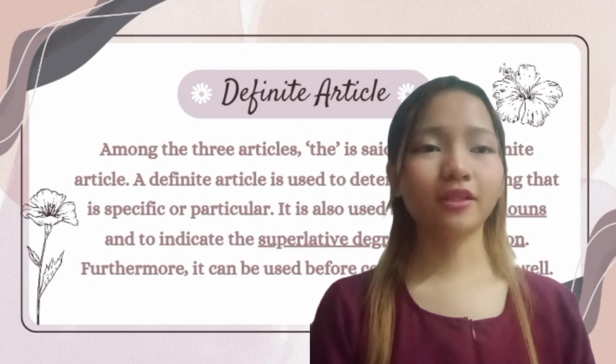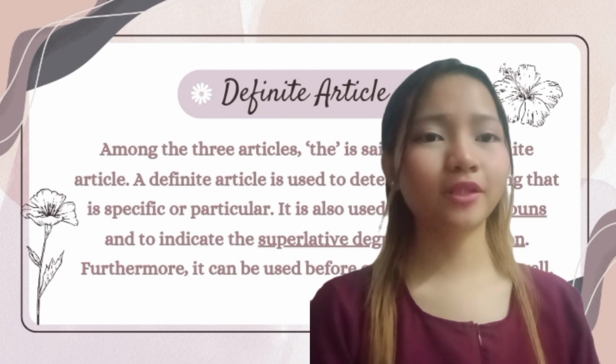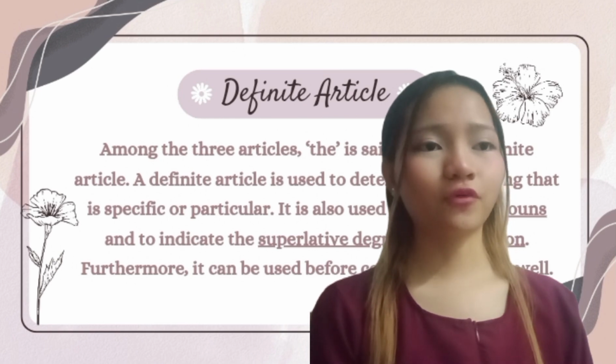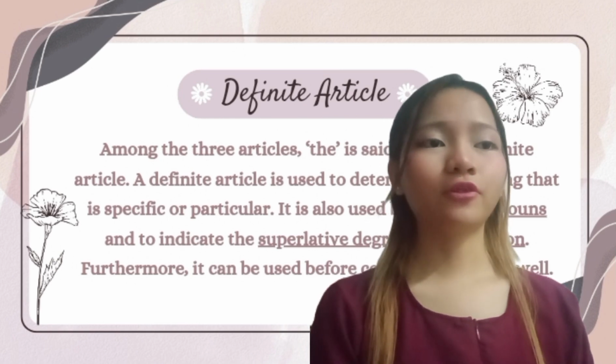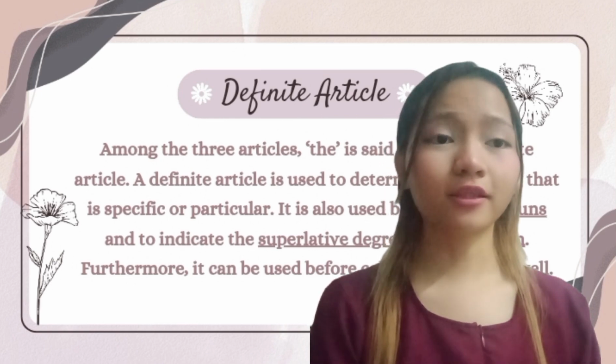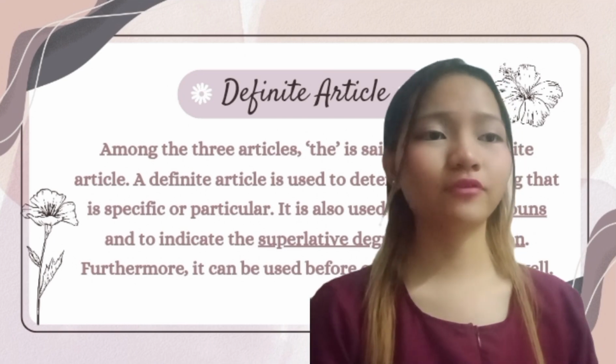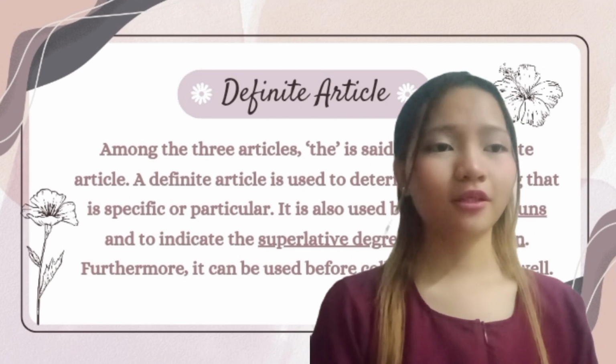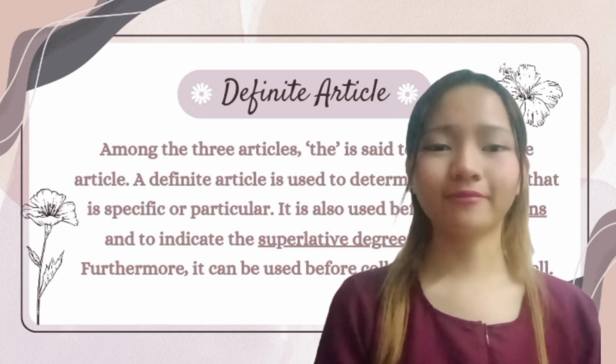A definite article is used to determine something that is specific or particular. It is also used for plural nouns and to indicate the superlative degree of comparison. Furthermore, it can be used with collective nouns as well.